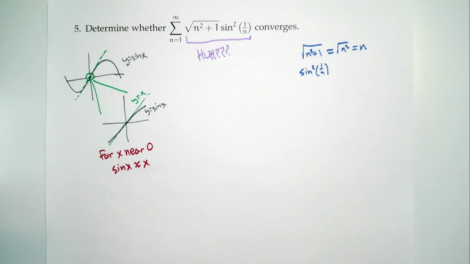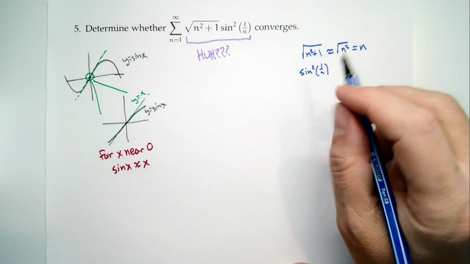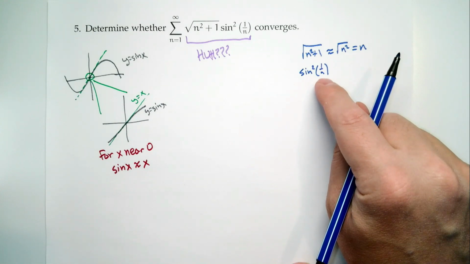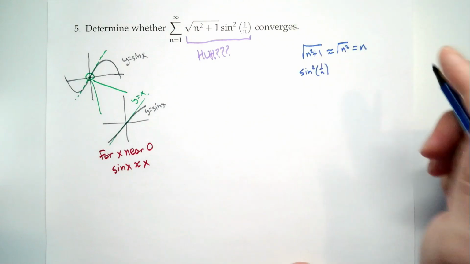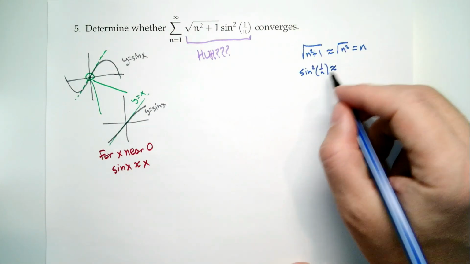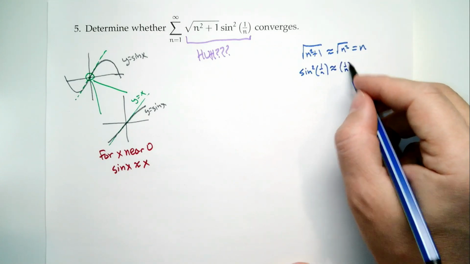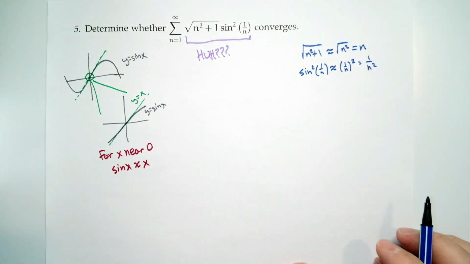Okay, so let's get back to our regularly scheduled problem. Sine squared of 1 over n. See, 1 over n is near 0, especially because I really care about when n is huge, near infinity. So this is approximately 1 over n squared.